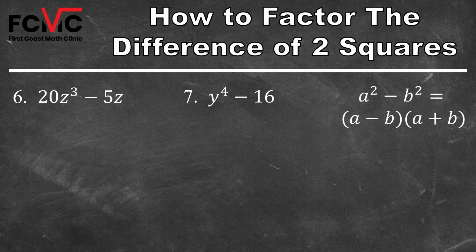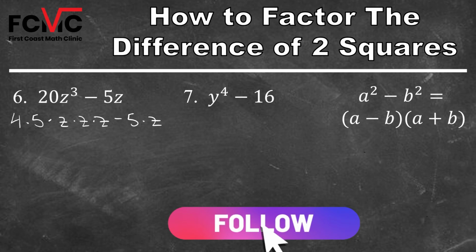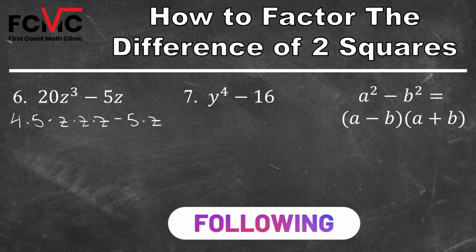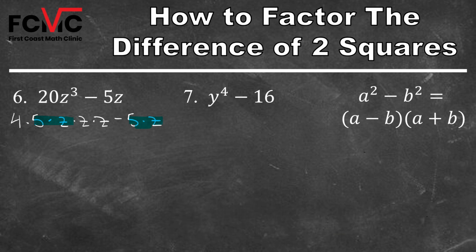For number 6, I've got 20z to the third minus 5z. Well, we don't have any obvious perfect squares here, but let's see what we can factor out. 20z to the third is 4 times 5 times z times z times z, minus 5 times z. So what's our greatest common factor that we could pull from here? Well, we've got a 5z and a 5z. And what do we have left?